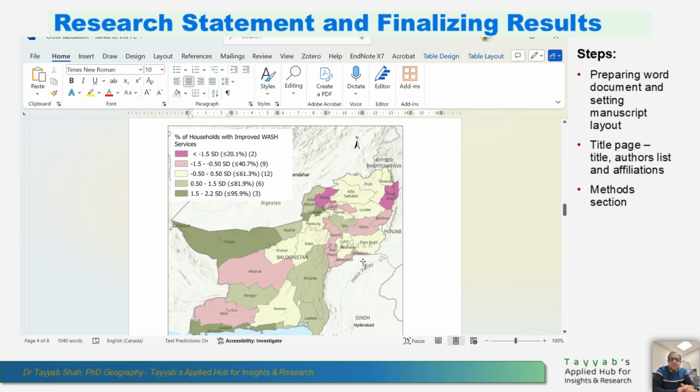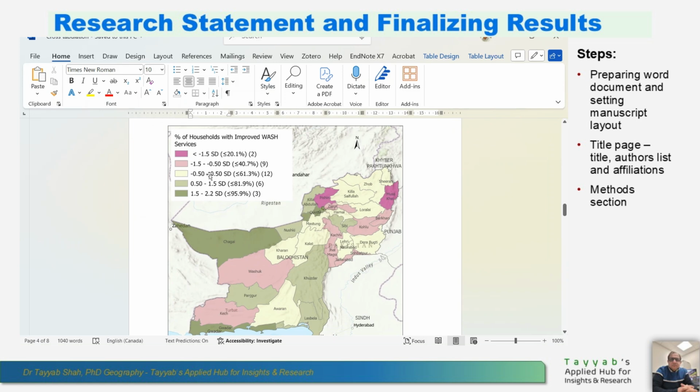The classification from the lowest values to the maximum value is basically categorized using the standard deviation, one standard deviation. So the middle category, you can see, is the mean value. It's about 60. If you remember, we had like 58% of households overall.